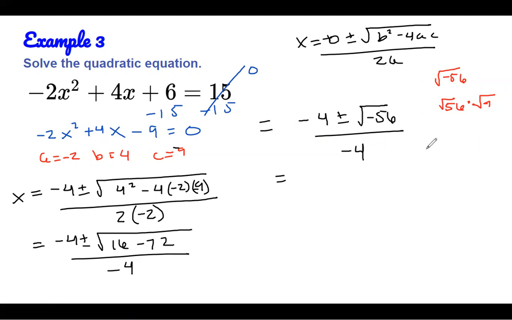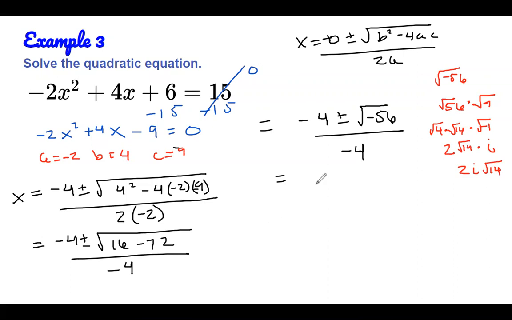What's a perfect square that goes into 56 and it's the biggest one? 4 times 14. 4 times square root of 14 times square root of negative 1. This becomes a 2. Square root of 14 stays square root of 14. And this becomes i, so we write it as 2i square root of 14.